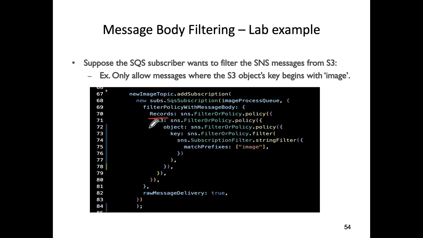Within the structure associated with record, there was an object, and within that object, there was a key called S3. Within the S3 value, there was an object, and that object had a key called object. The value associated with that object key was also a JSON structure, and one of its keys was called key, which is why we got that.